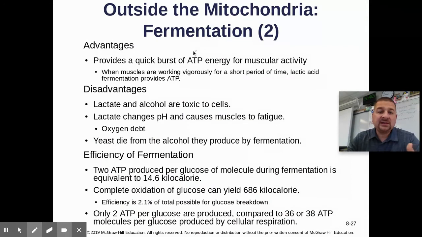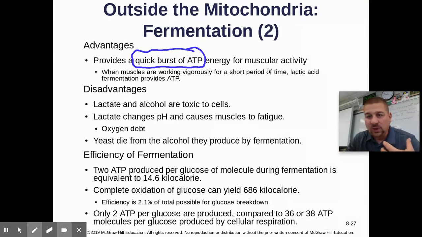Advantages of fermentation. It can happen very quickly. It's just glycolysis. It can run through those 10 steps really quickly, and you're getting ATP fairly quickly. This happens in our muscles when we do rapid bursts of some type of strenuous exercise: weightlifting, golf swing, bat swing, sprinting, those kinds of things.